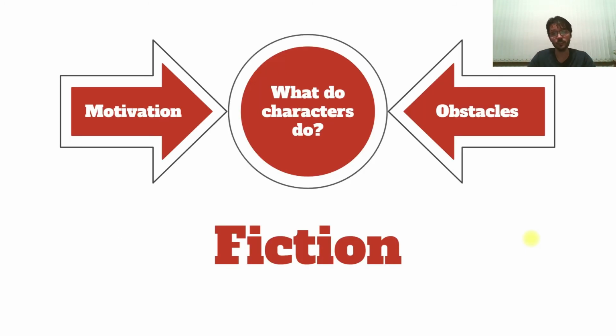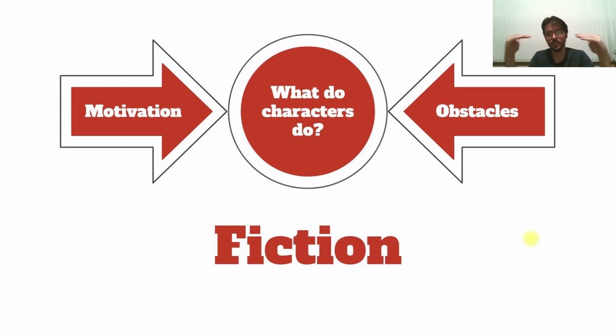If you're paying attention, all the red circles and arrows, they represent the fictional world. We have the characters in the middle, the most important thing about the story, and you have on one side the motivation of the characters moving them and the obstacles stopping them from getting what they want just as easily.